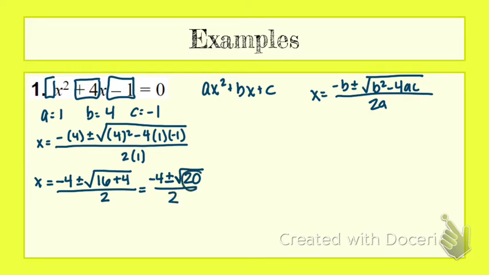And then 20 is not a perfect square. In all our examples yesterday, we had perfect squares. So we need to remember how to reduce a radical, or simplify a radical. And the way that we do that is by listing, so you can list the perfect squares for reference. That will help you.